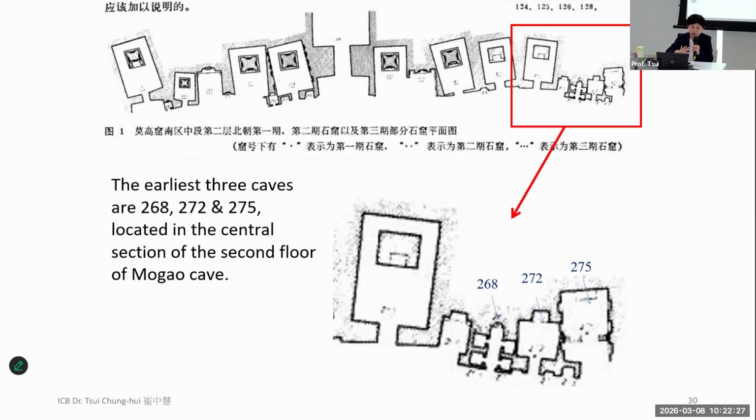However, based on the architectural type, we know that the three caves were built totally differently. They were designed with different architecture and different mural painting subjects, and also with a different purpose for practicing.